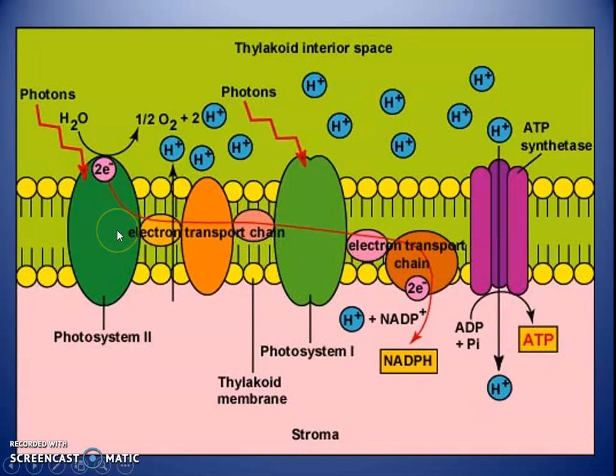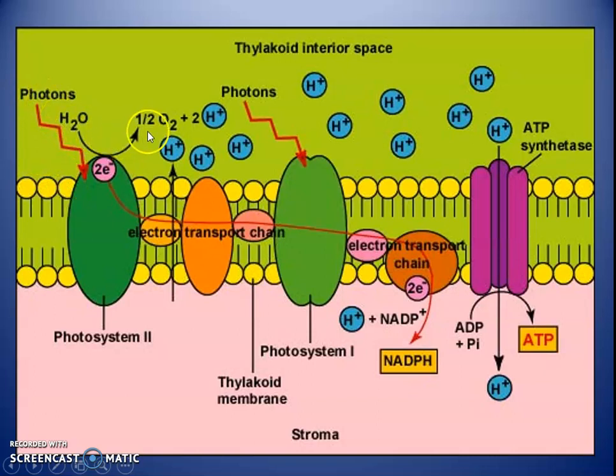Some of them are acting in the two photosystems, some of them are acting in electron transport chains, and some of them are acting as molecules that are used to generate ATP, also known as ATP synthase. At the beginning of this reaction, we see water molecules getting broken by chlorophyll in photosystem 2 using the energy from photons or light.